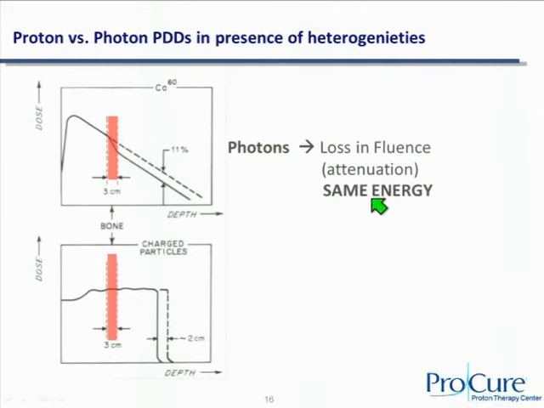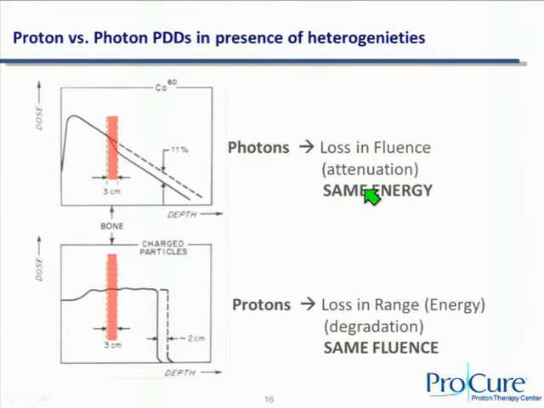So you don't really lose energy, and coverage is pretty much the same. Protons are totally different. If you put anything there, it will retract the entire SOBP beam. And you notice that it doesn't affect the modulation itself. The M remains the same. It's just that the entire delivery is shifted to the left.